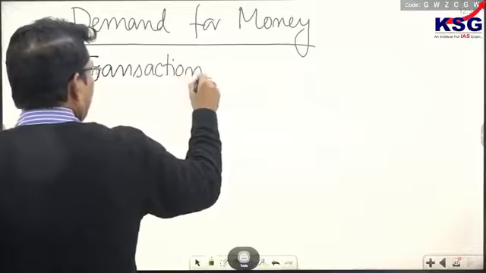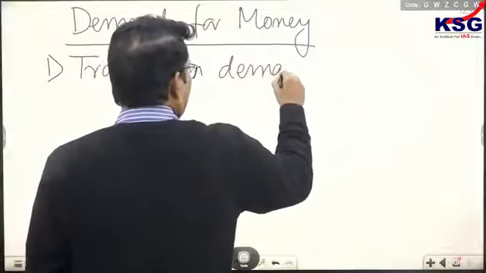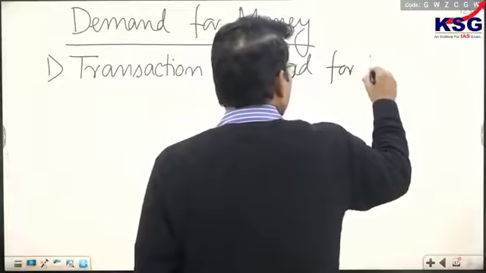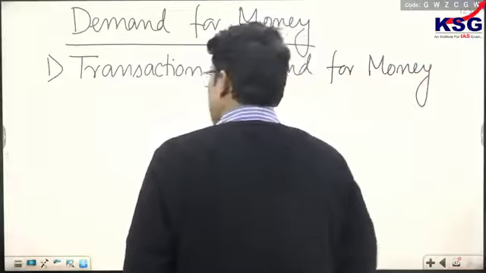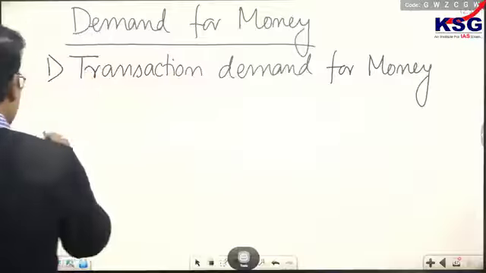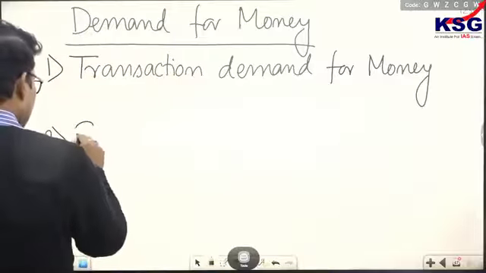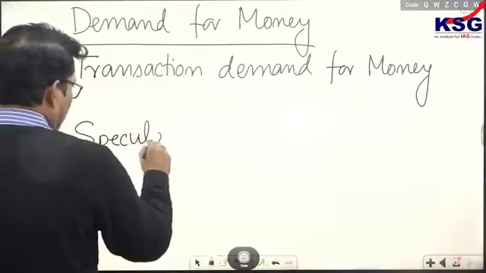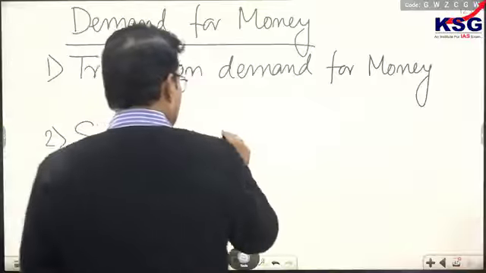On the basis of three motives, one is known as transactions demand for money. Next, you can say, is speculative demand for money.